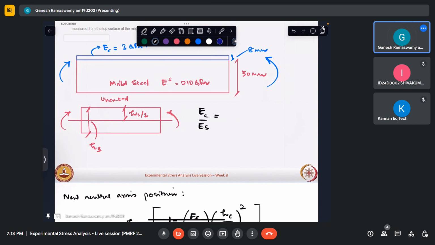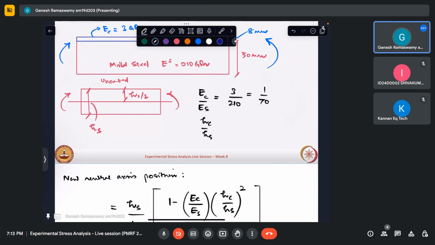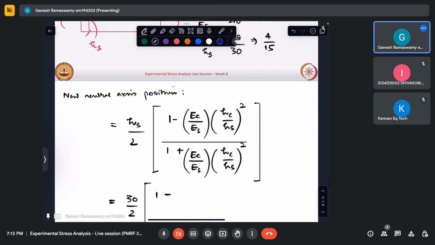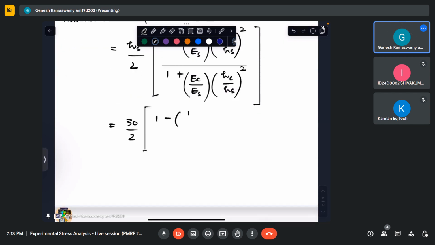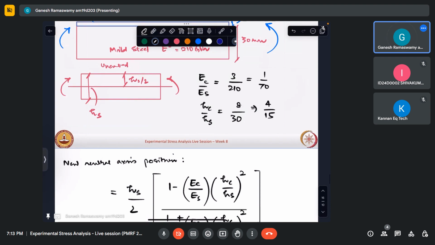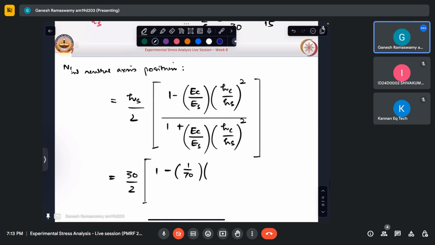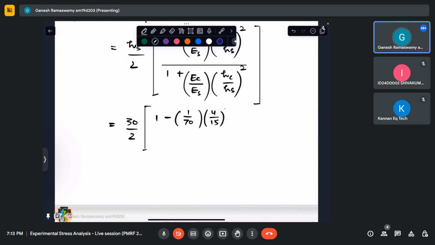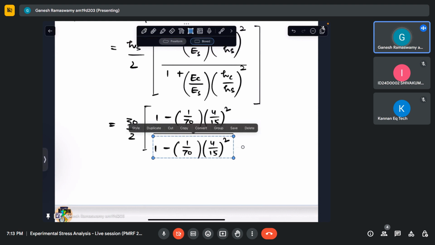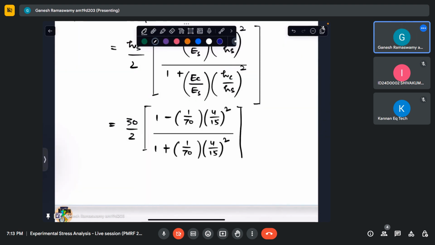So it is 1 by 70 into 4 by 15 the whole square, divided by the same thing with a plus. So what does this come out to be? This comes to around 14.96.